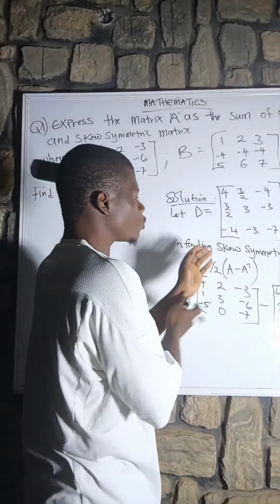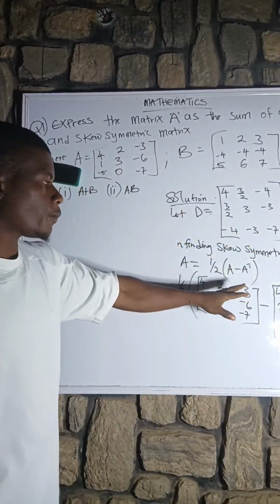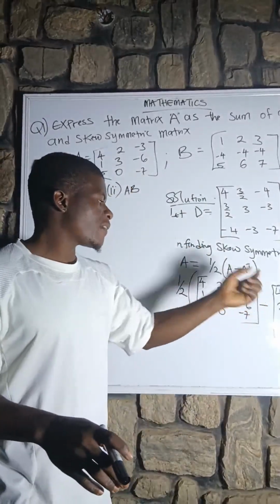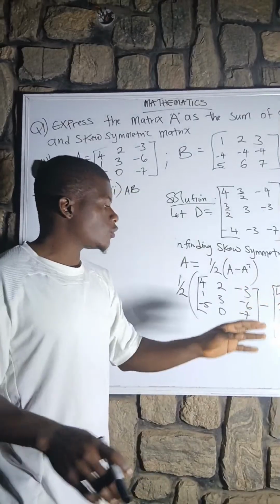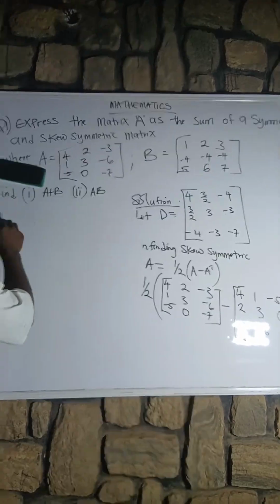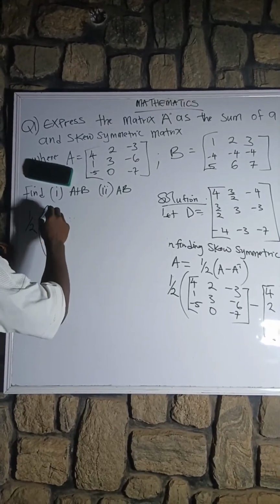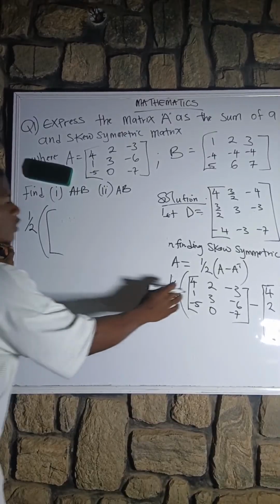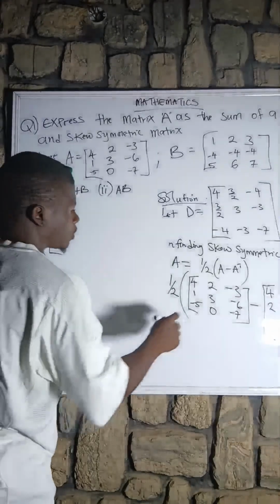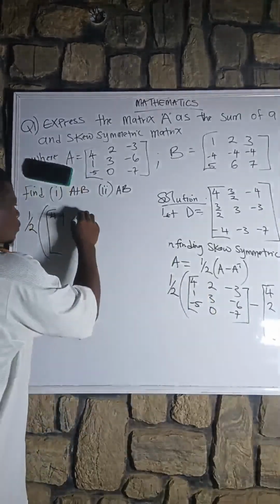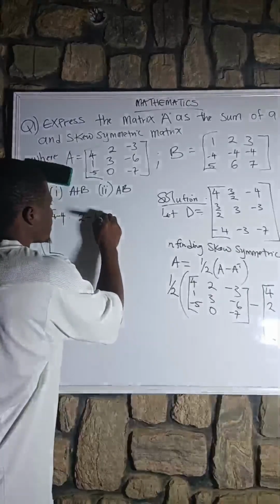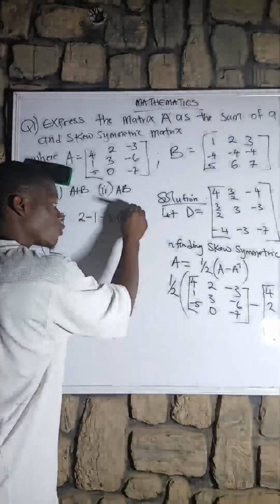We are still going to apply the same operation that we did previously, but here we are going to be using a different sign. Previously we used plus, now we are going to be using subtraction. Now, we say half, open bracket, in the matrix 4 minus 4, then 2 minus 1, then minus 3 minus open bracket minus 5.